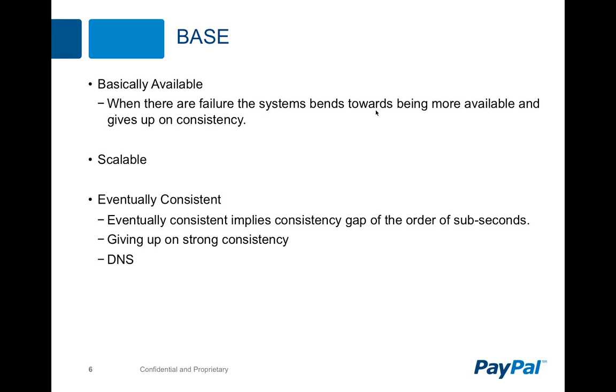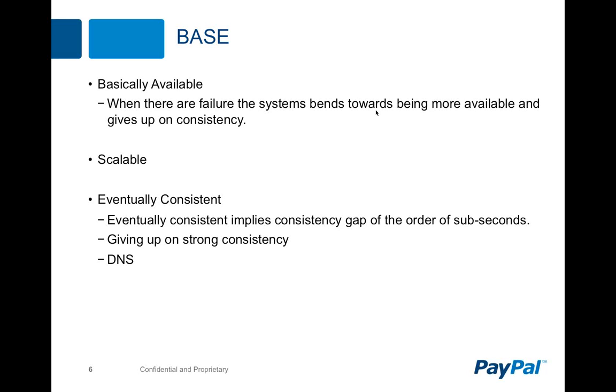When you go with this paradigm, you have to build a lot of components and abstractions to achieve it. But it's not something new. It's well known. DNS is a classic example. If you come up with a new website, somebody logging in from, say, 5,000 miles away is not going to get that site immediately.